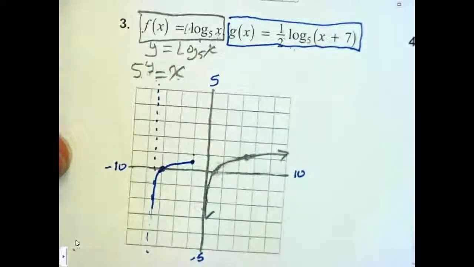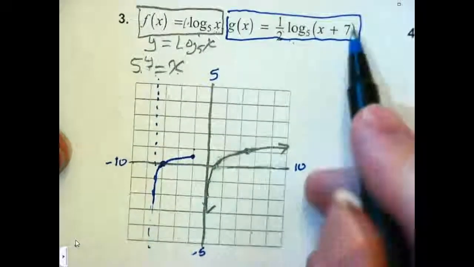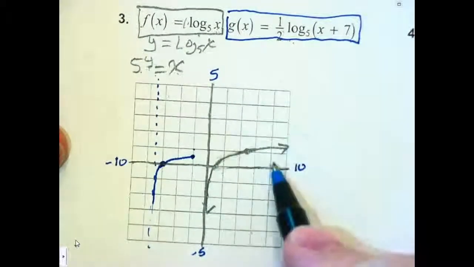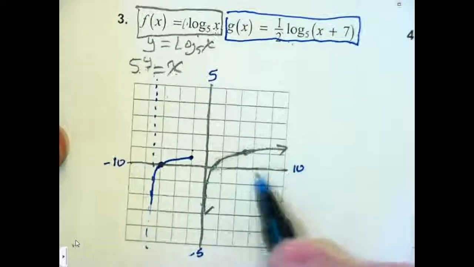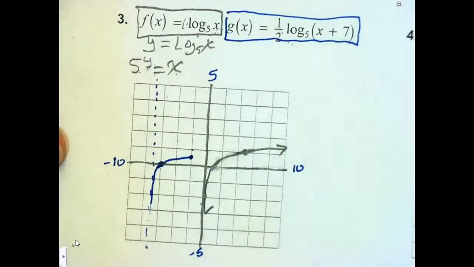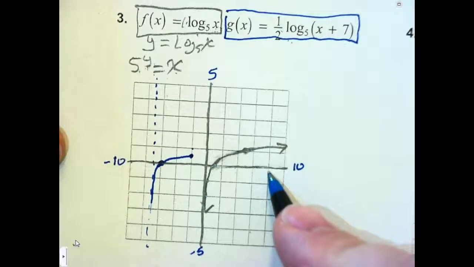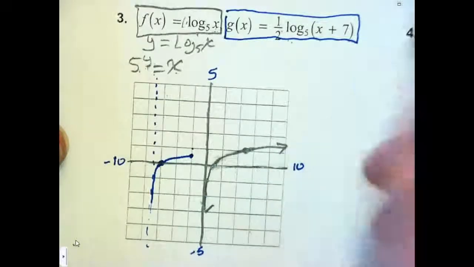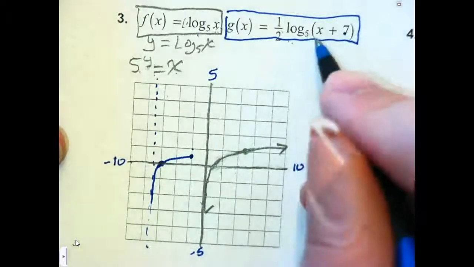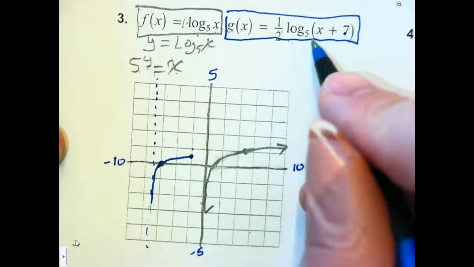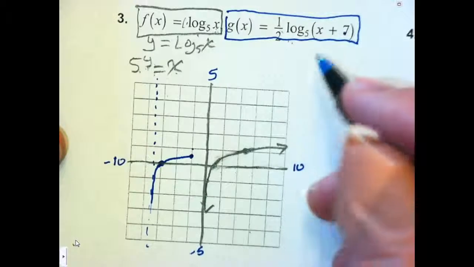Okay, and then my question is, at any point, can I find a value for x that's actually going to stay here? That we're going to be able to see out here on y. So let's say I put 8 in for x. What's 8 plus 7? 15. Is that a power of 5? Is that like 5 to the first power, 5 to the second?